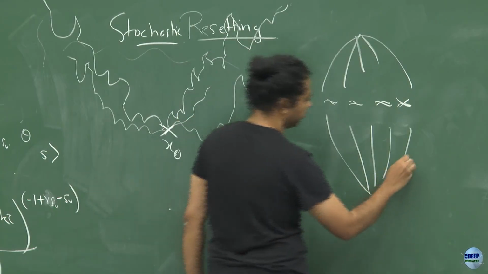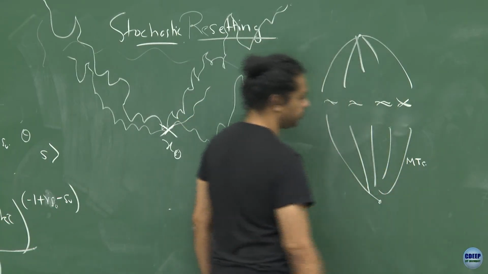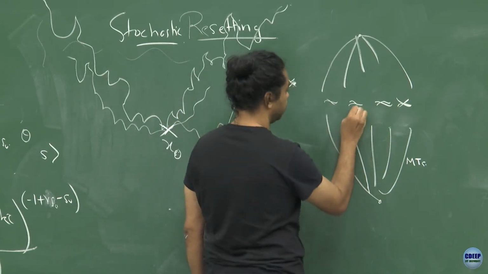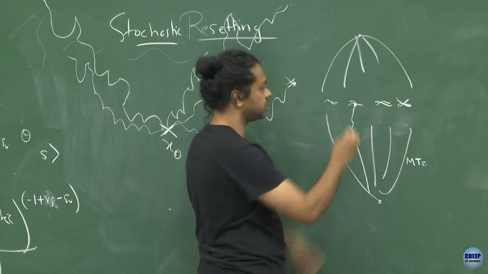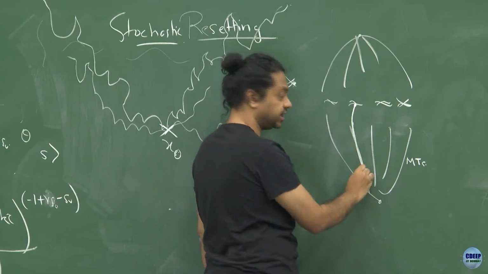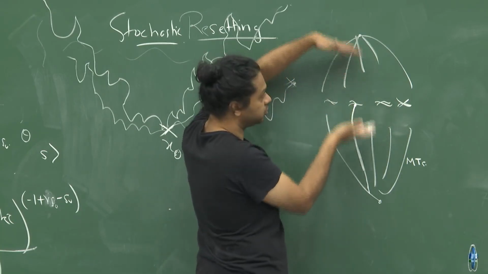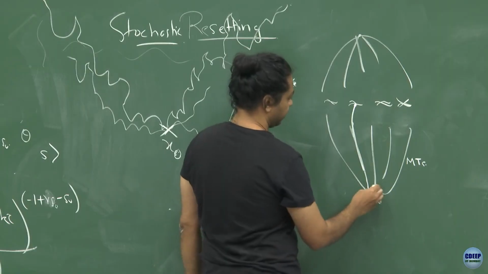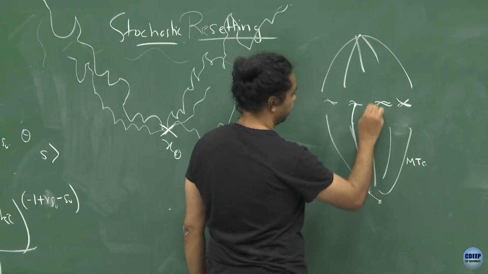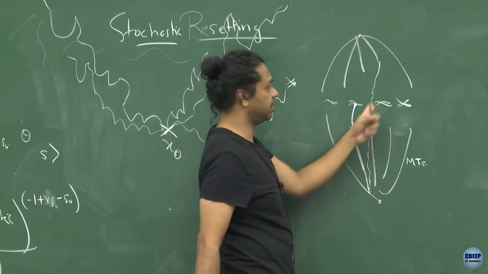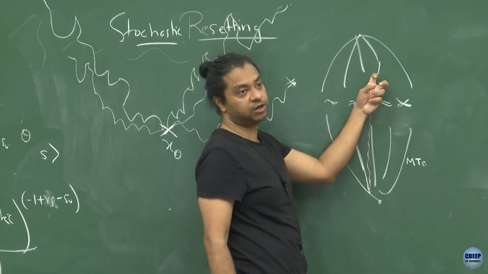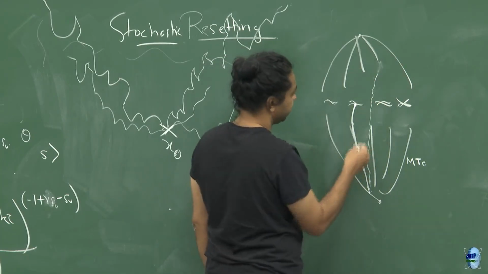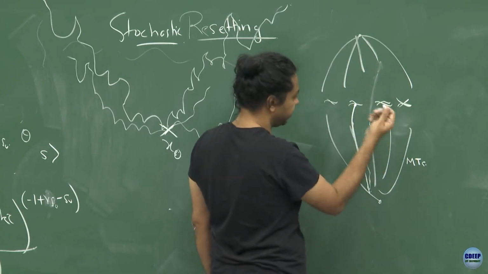Spindle poles are made up of microtubules which polymerize and depolymerize, and if a microtubule latches on to these chromosomes, then it attaches itself to them and drags it down. So, that is how the two copies of the chromosomes get separated out when the cell is dividing. You could think that if a microtubule is growing in some wrong direction, it could go past these chromosomes, and therefore it would waste a lot of time searching in an area where the chromosomes are not there. In such a case, it might be beneficial to reset your search process.